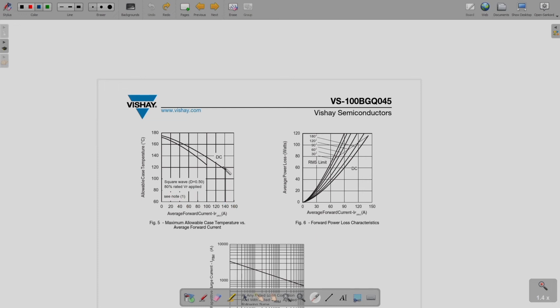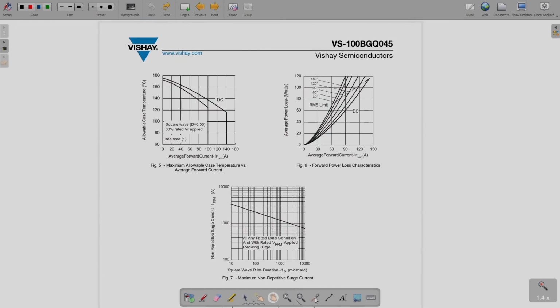Okay, so that is what we expect normally to happen. Then your power loss versus average forward current, and that is obviously going to increase as the amount of forward current increases, the amount of loss that takes place also increases, that is provided over here in this graph.